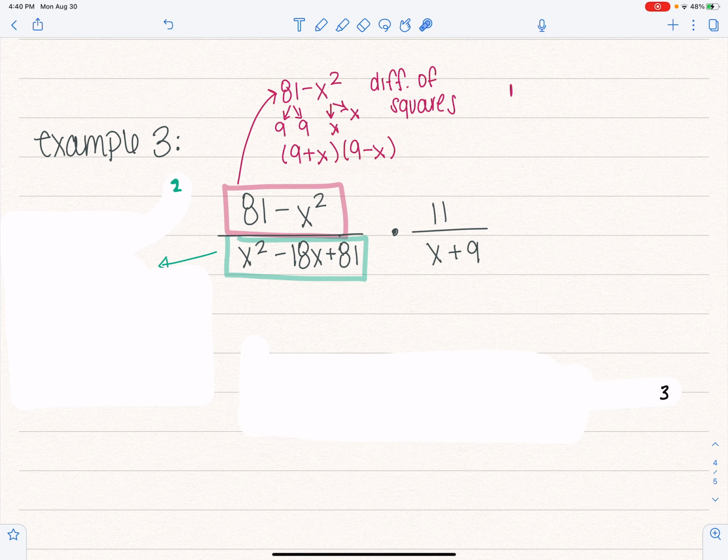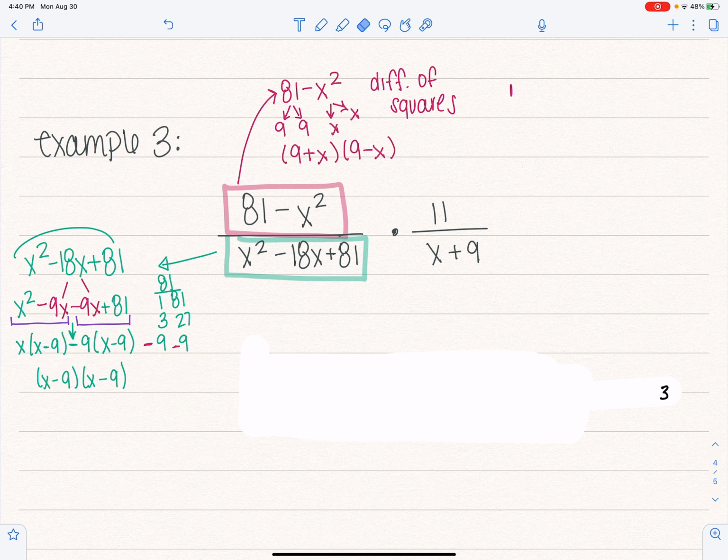Now the bottom left, this x squared minus 18x plus 81, you can take a second to pause the video, do rainbow, but there is the work for that, and I get x minus 9, x minus 9. These two on the right, they don't factor because 11 is just a whole number, and then x plus 9 doesn't have a GCF or anything in common.